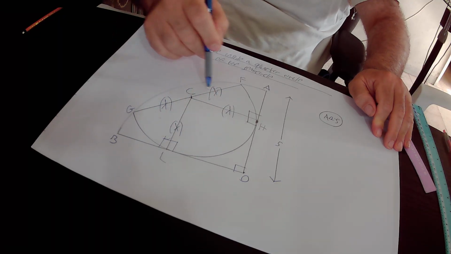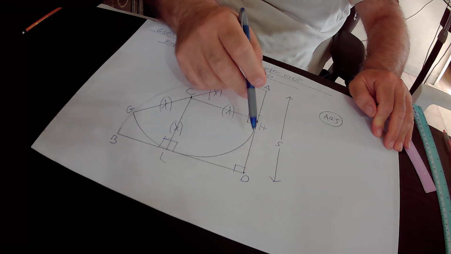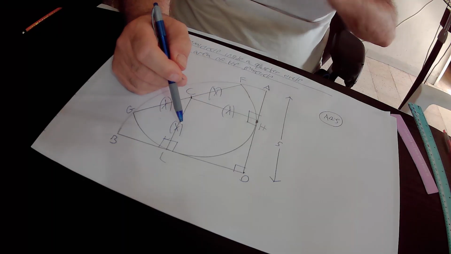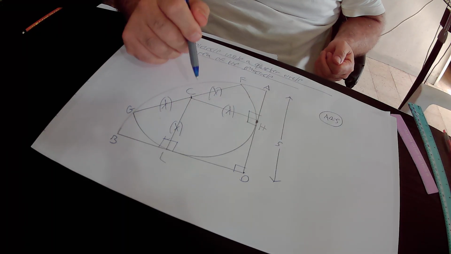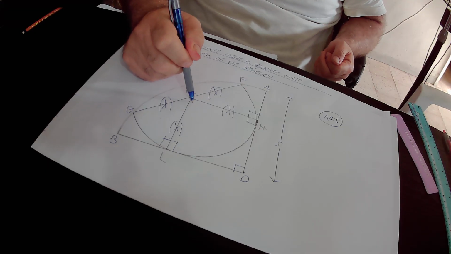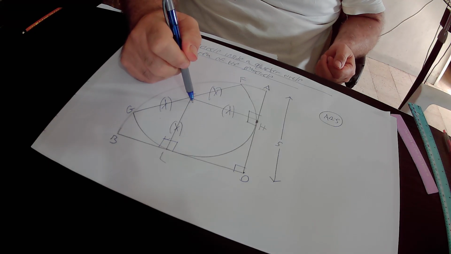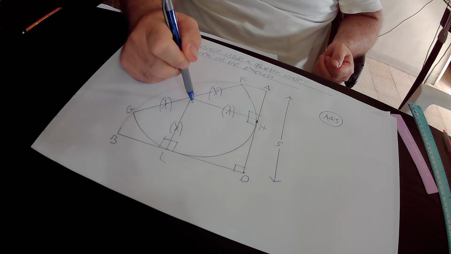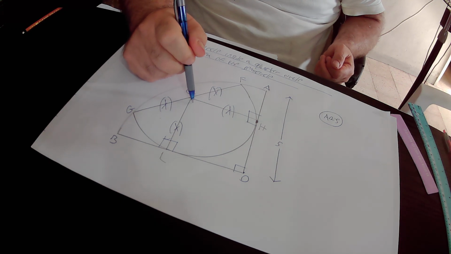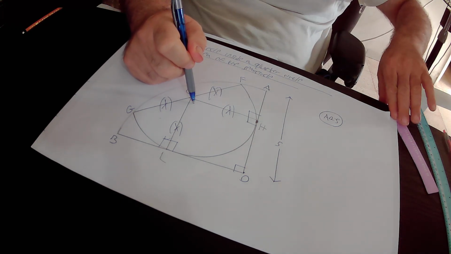Inside this quadrangle CHOL, we have 1, 2, 3 right angles. The sum of 3 right angles is 270 degrees, so 270 degrees plus the size of this fourth angle, in total, must be equal to 360 degrees, according to the rule that states that the sum of the angles in any quadrangle is equal to 360 degrees. Therefore, this fourth angle must be equal to 90 degrees in its size.